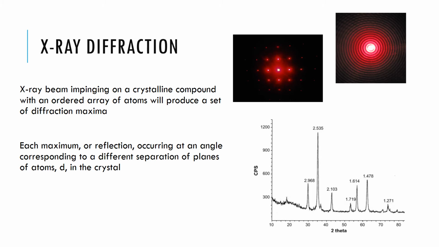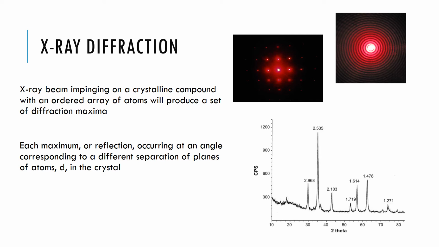What you see then is a diffraction pattern. The raw diffraction patterns are shown at the top of the image there, and through a radial integration, we gain a final diffraction pattern that shows peaks, or what we call diffraction maxima.